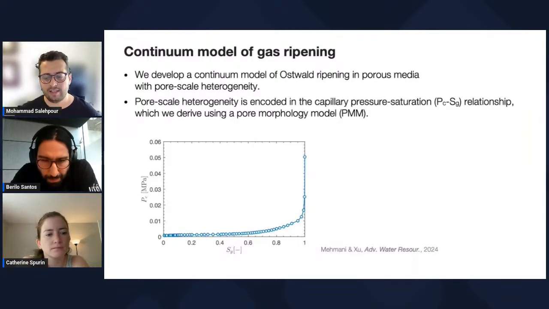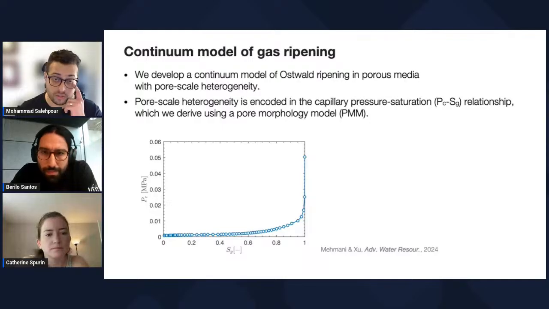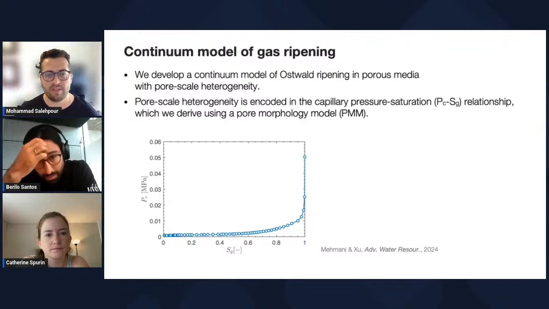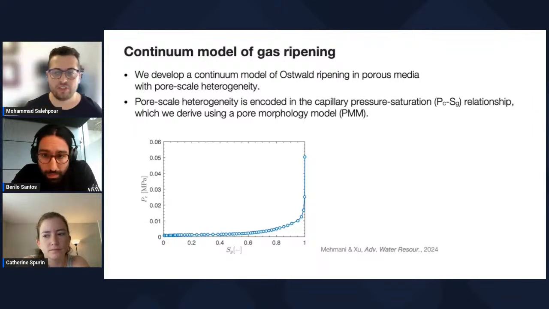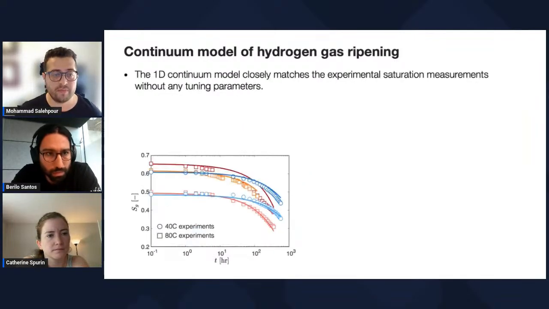So in order to connect our pore-scale observations to macroscopic diffusion, we use the PCS curve. This PCS curve is obtained through a method referred to as the pore morphology method, which, after taking an image of the porous media and running this algorithm on it, we're able to extract the PCS curve.